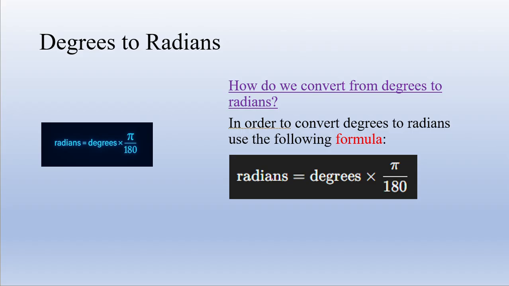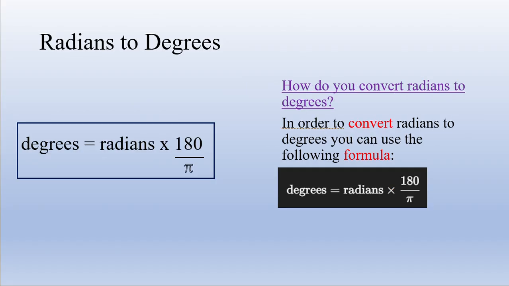Now if we flip that, let's say you have the radians and you want to get the degrees, then you just use this formula: degrees equals radians times 180 over pi. One more time, degrees equals radians times 180 over pi. Quite easy, right?